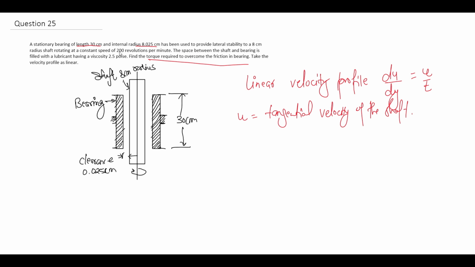It is given the rotational speed in rpm, the radius of the shaft, and the viscosity of the lubricant which is filled here.